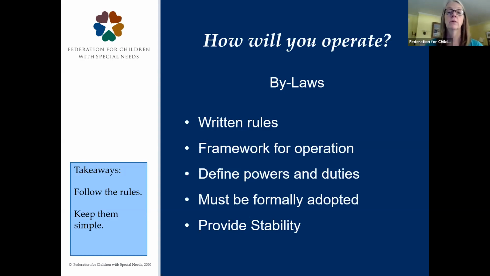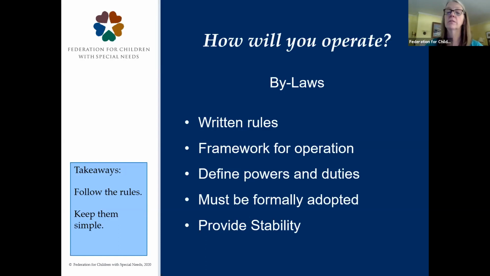Once the bylaws are adopted, you can hold an election, because the bylaws will define an election and how officers are elected. When you have a set of bylaws, it provides stability for the group, and so everybody knows how it should operate. What's the rollover of people within the group, and what you're charged to do and how you should specifically operate.